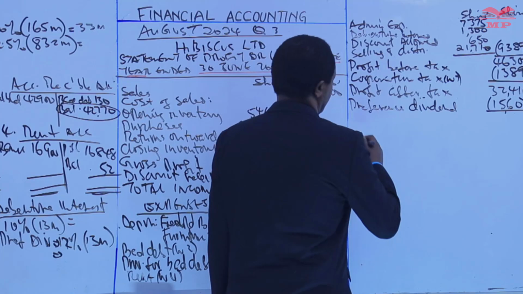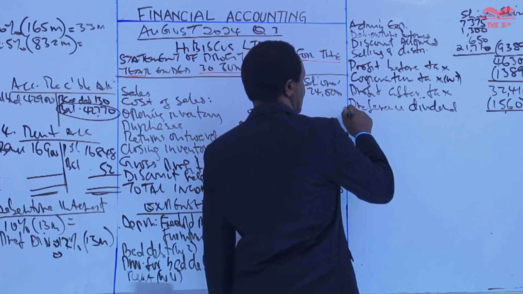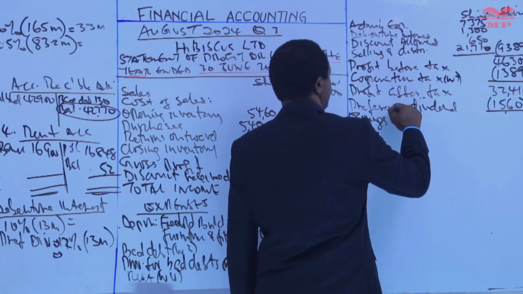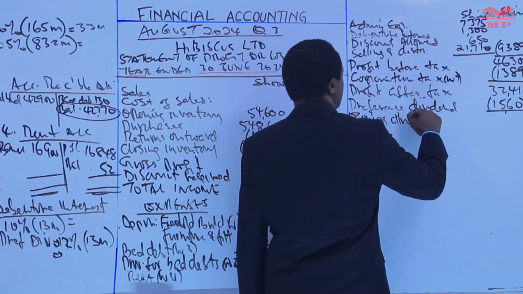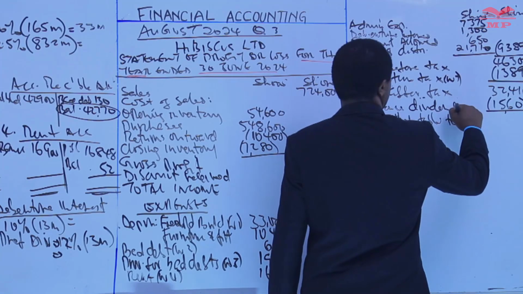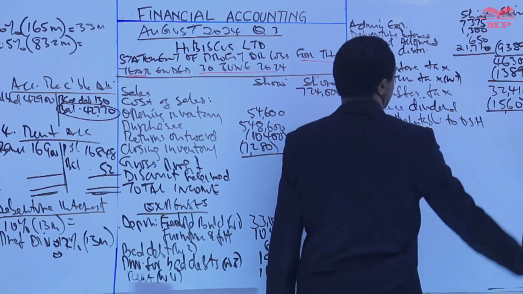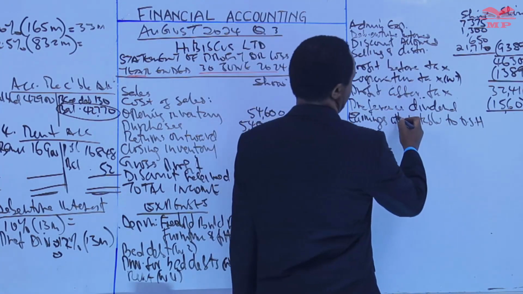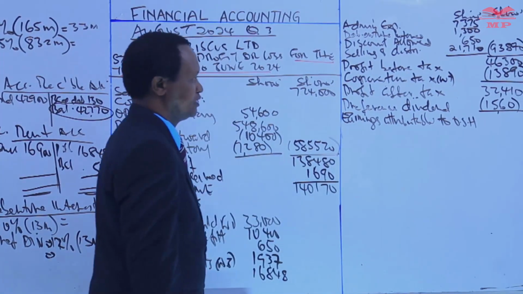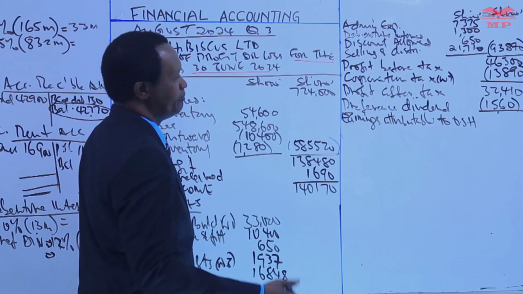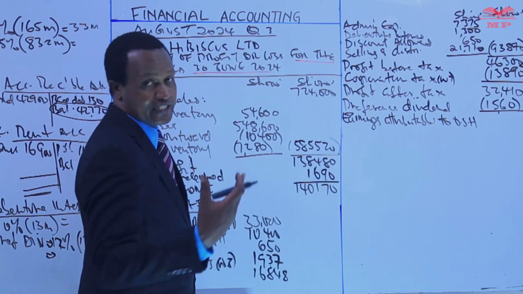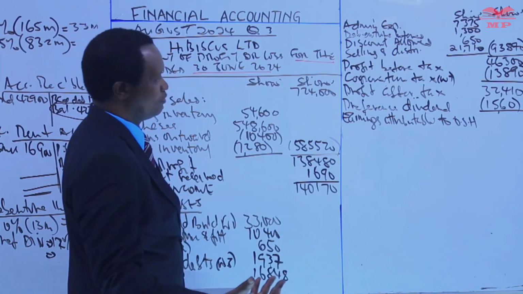Whatever we get there is what we call earnings attributable to ordinary shareholders. These are the owners of the company. Whatever remains, that money belongs to the ordinary shareholders for that year. How much is it?